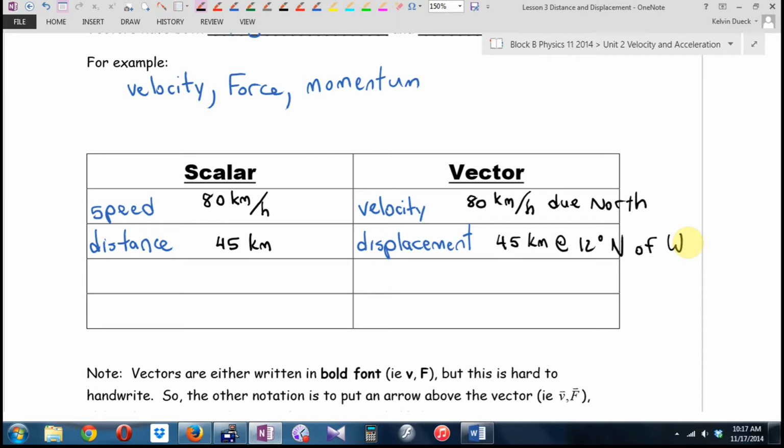Then there are some that don't have a mirroring component. Time is always a scalar. Well, I was watching a movie where they went back in time. No, that's sci-fi. No negative time. Time is a scalar. No direction.